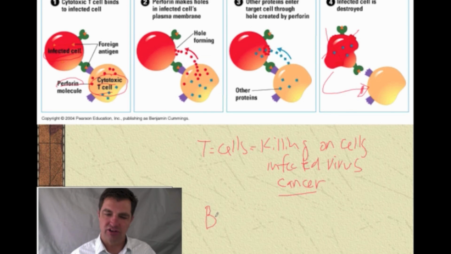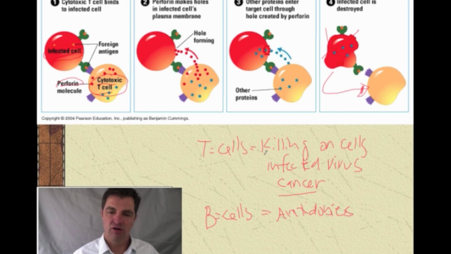B cells, on the other hand, because they secrete antibodies, do not have to be directly connected to the cell. The antibodies can travel in the blood and they can attack, say, a bacteria or a virus that's floating around loose in your blood.